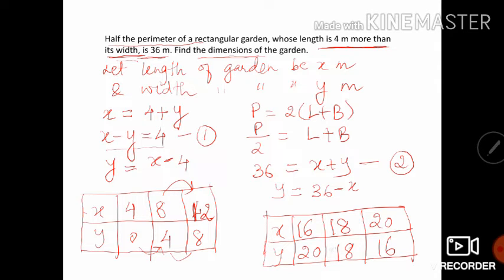Now in your textbook, for graphical solution, only 2 points have been calculated. But it is always better to show 3 points on the graph. Why? Because if you show just 2 points, and if one of them is wrong, say this point is wrong by calculation error, then you have just 1 point which is correct, and through 1 point infinite lines can pass.